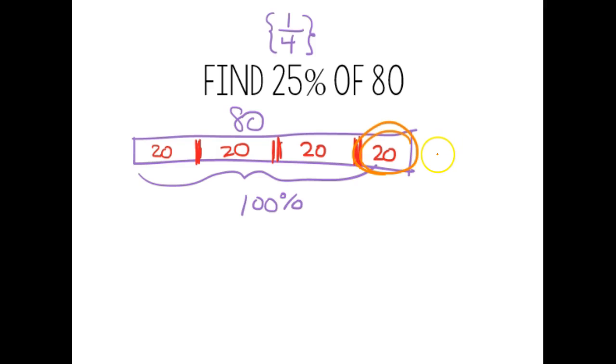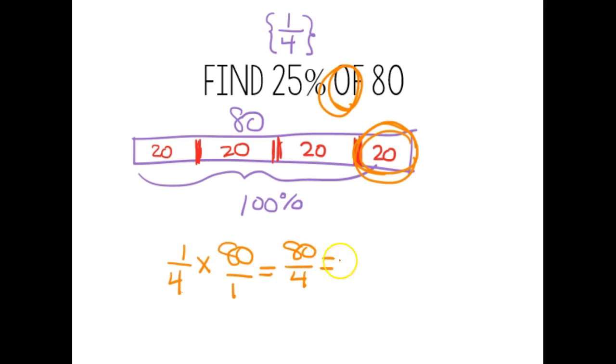Now if I wanted to calculate this purely operationally, I can take my 25%, or in this case we've already calculated it to 1/4, and use the operation of. Of means multiply. 1/4 of 80. Now when we have fractions, we just multiply straight across. We have 80 over 4. When you divide this, your answer is 20.